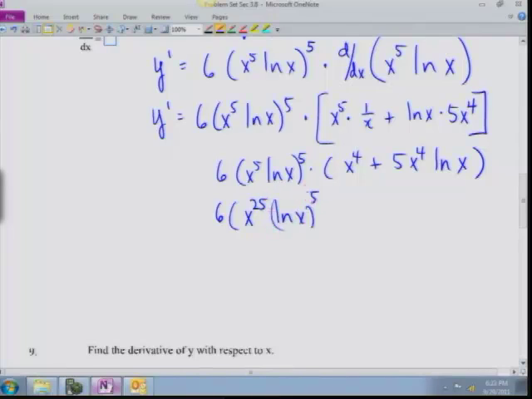Can we do it like that? Okay. Why couldn't you do that to begin with? Just take it to the sixth power and then get the derivative of it?